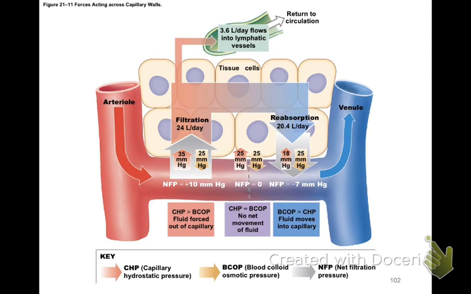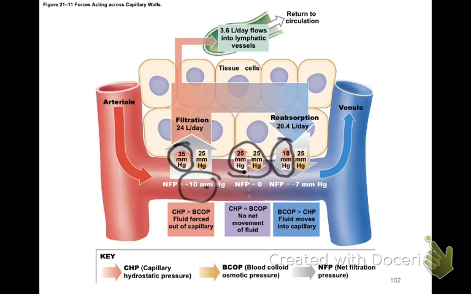So here is a diagram showing you the actual pressures. Looking at this figure, what you see is that the blood pressure at the arterial end is about 35. The osmotic pressure is about 25, and the blood pressure at the venous end is only about 18. So here, the difference between 35 and 25 is 10.